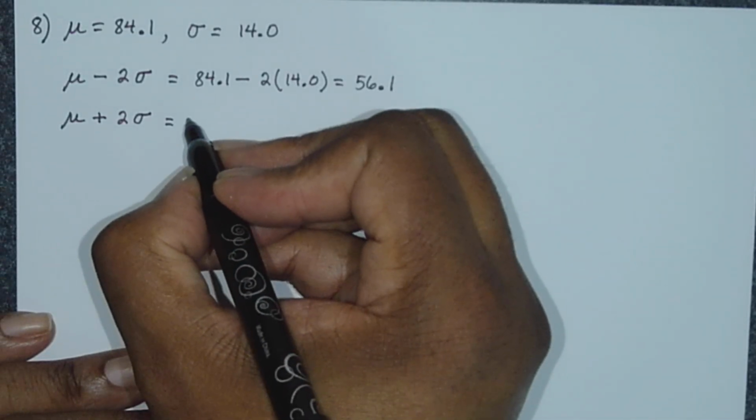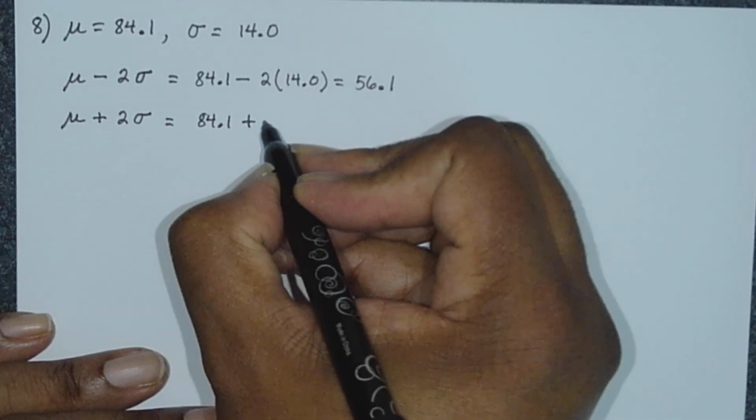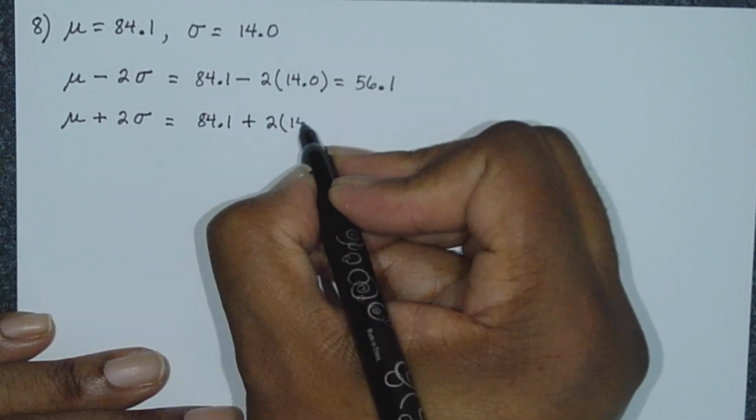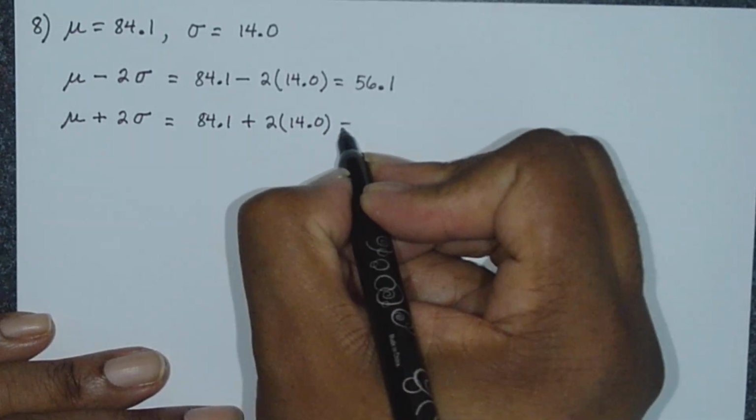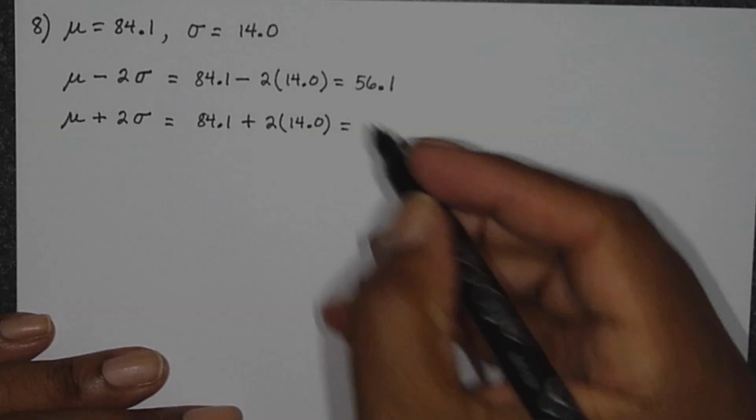And for mu plus 2 times sigma, that's 84.1 plus 2 times 14.0, which is 112.1.